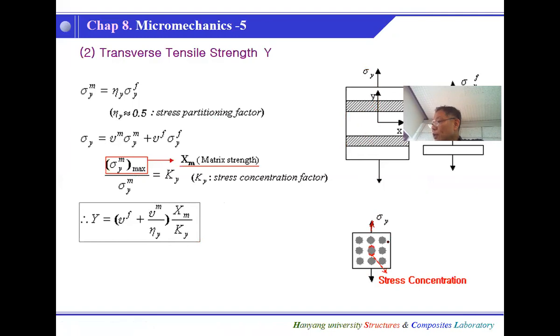As you can see, what makes it complicated here is that the stress is not uniform inside, not only in the resin, but also in the fiber. Stress distribution is very complicated, and the failure always occurs at the maximum point. Where is the maximum point? We don't know.